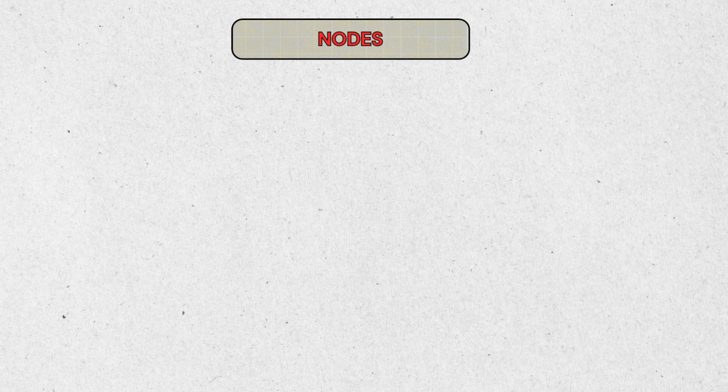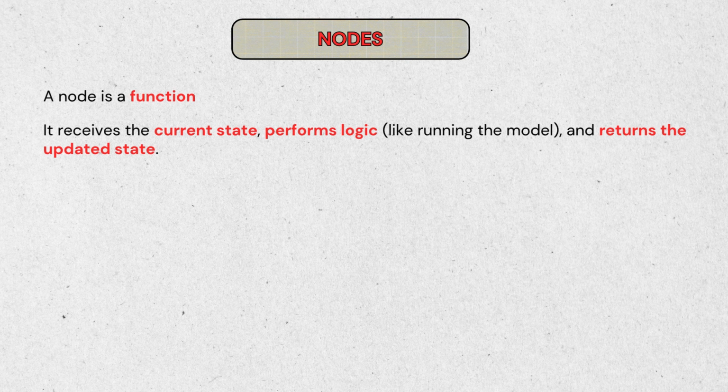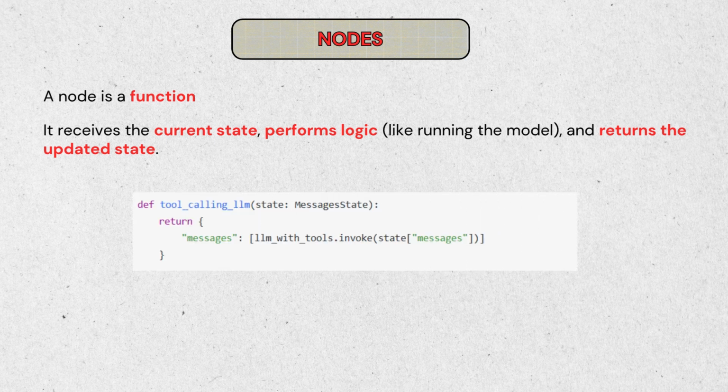Next we have nodes. In LangGraph, a node is a function. It receives the current state, performs logic like running the model, and returns the updated state. Here's a node that runs our model with tools.